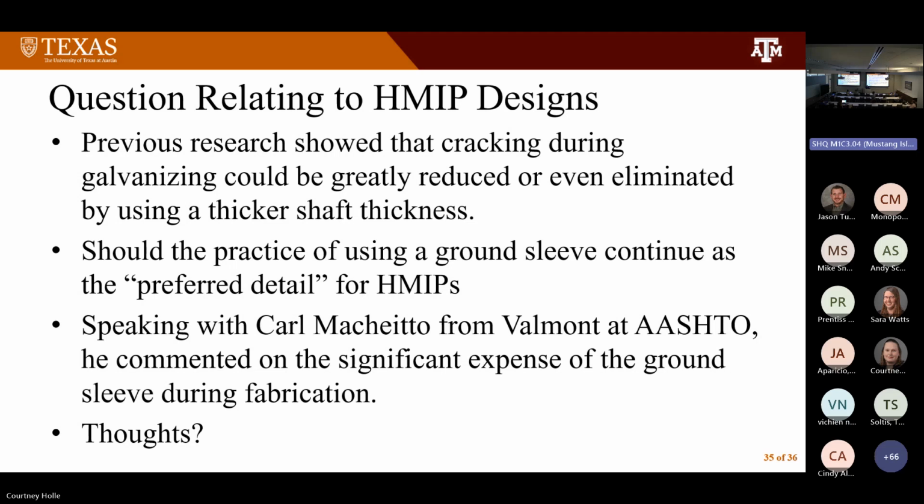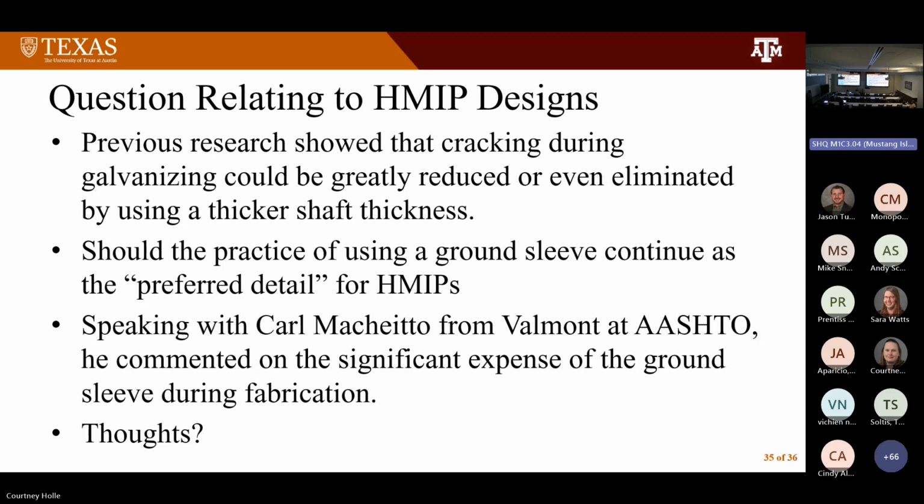For HMIP cracks, is there guidance on whether the pole shall continue to be in service or shall be taken down? That is what this research is for, to figure out what is the deciding factor. How much can we really get as far as the design life? Can we repair it? Do we need to take it down?